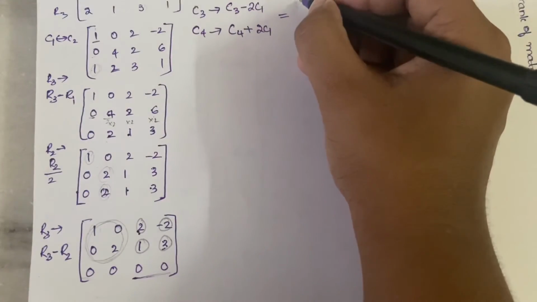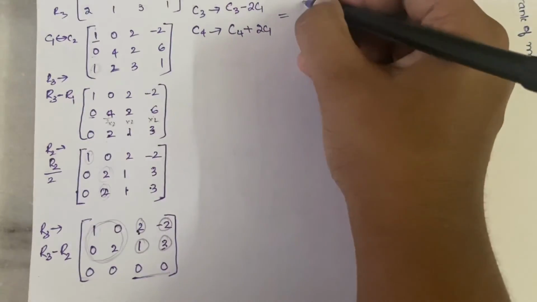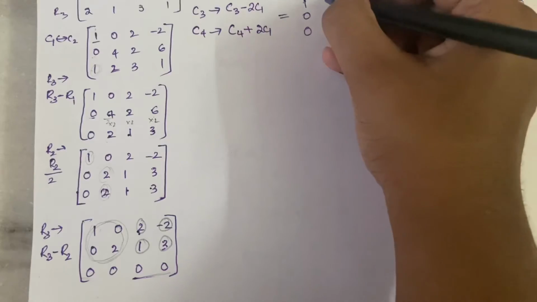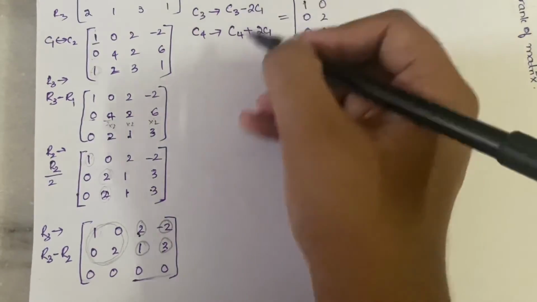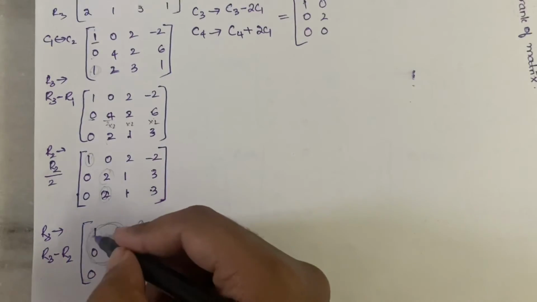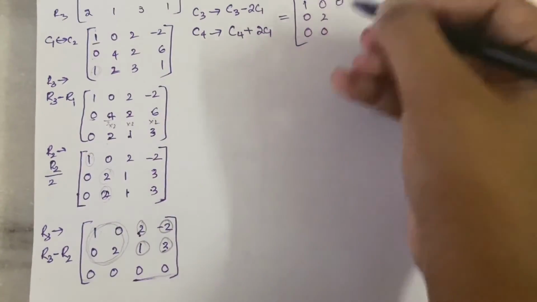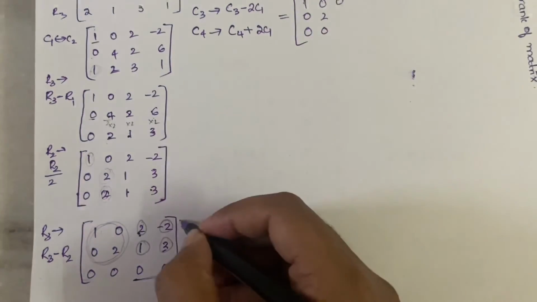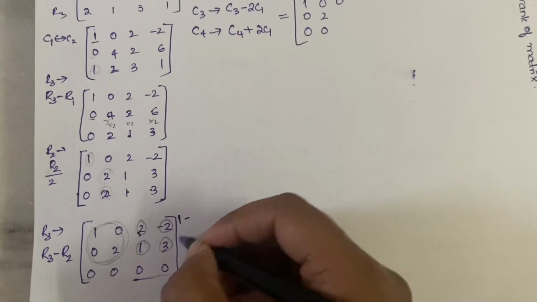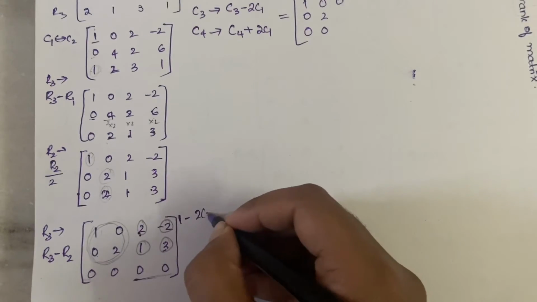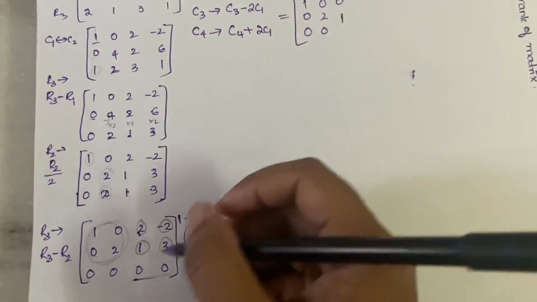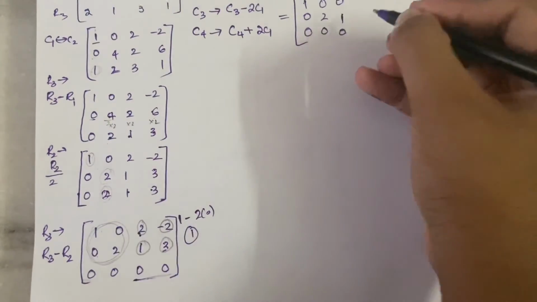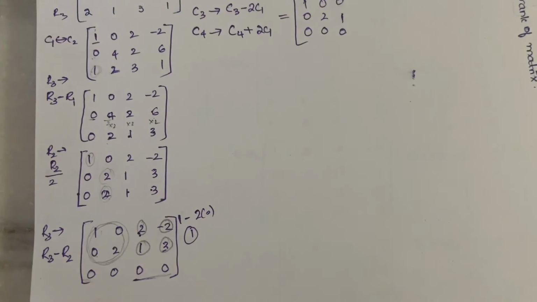If you apply that, you get this will be the same: 1 0 0 0 2 0. Next, C3 minus 2C1: 2 minus 2 into 1, 2 minus 2, 0. Next, 1 minus 2 into 0, 1 only you will get, right? Next, this one also 0 minus anything, whatever you do with 0, you get 0 only.